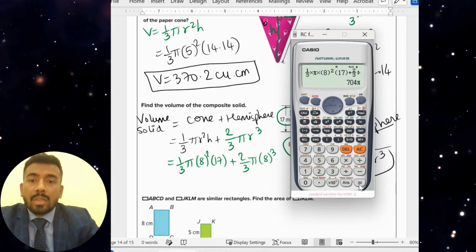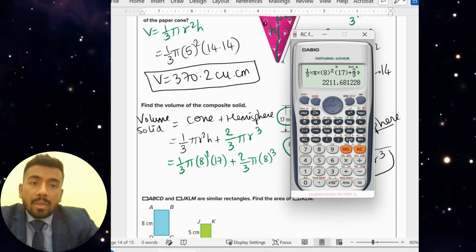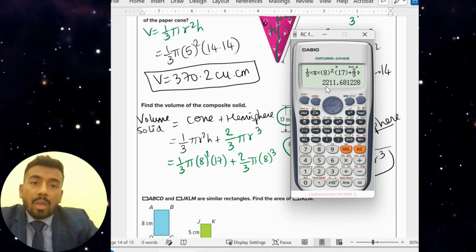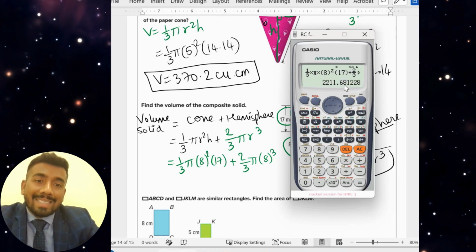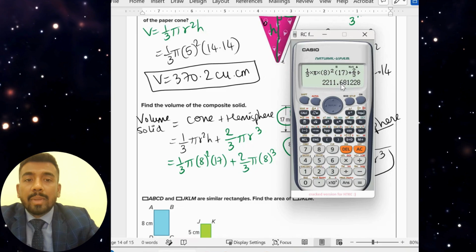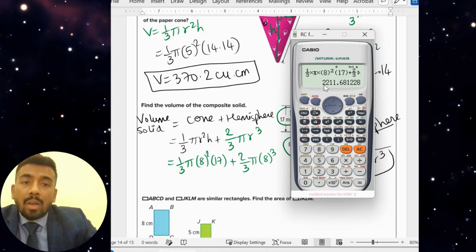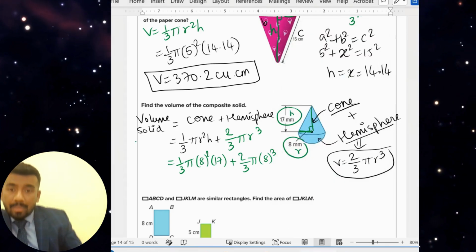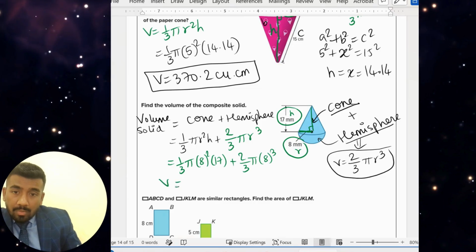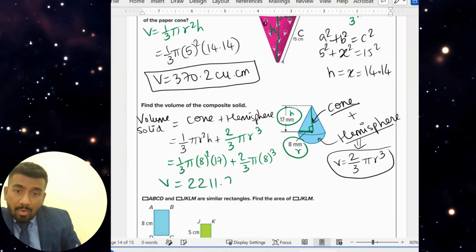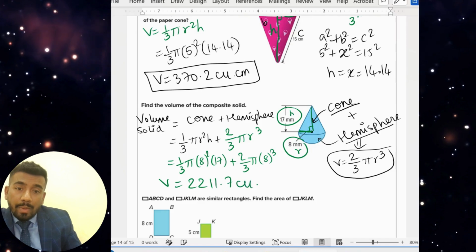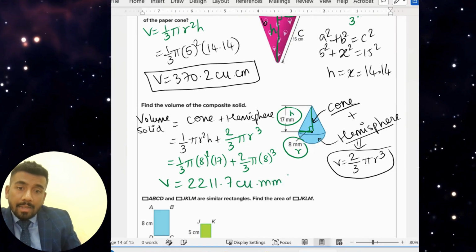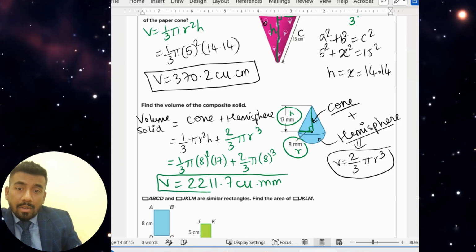Okay, that's it. What's the answer? This or this? So 2211.68. So this 8 I can round off, it becomes 7. So 2211.7. So what's the volume? 2211.7 cubic millimeter.